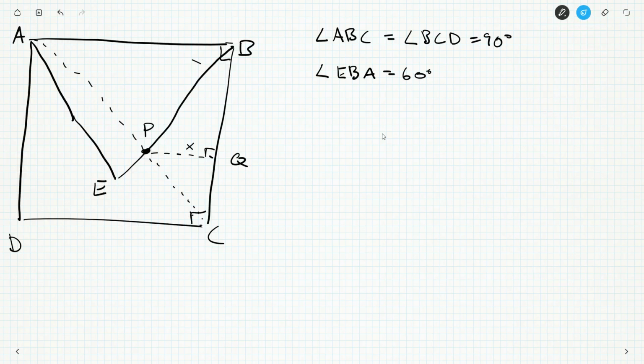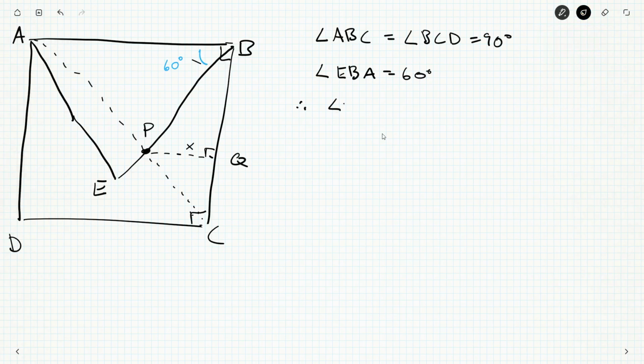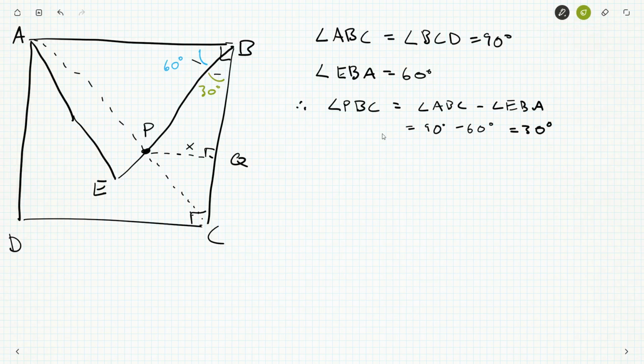I'm just verbally saying it. So we get 60 degrees here. Well, then that tells me angle PBC, which is angle ABC minus angle EBA, 90 minus 60, we get 30 degrees. Okay, so we have now calculated 30 degrees here.